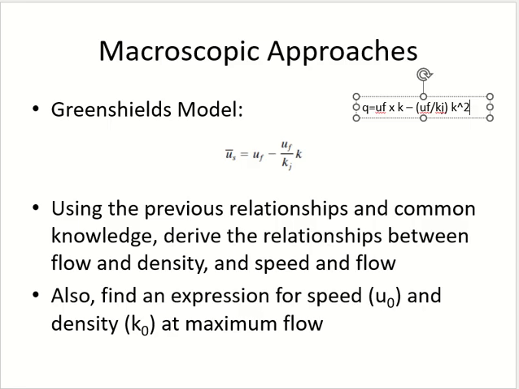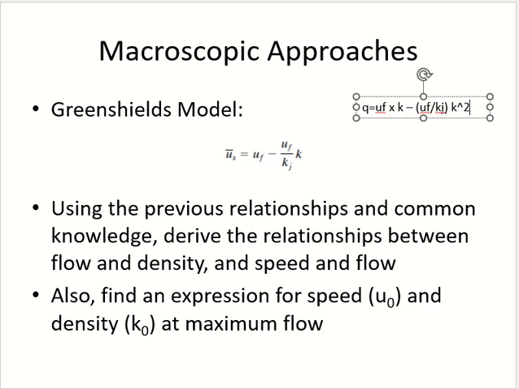What I want is the equation between Q and US. The previous one is already between Q and K, so I need the equation between Q and US now. So I need Q on one side and US on the other side.